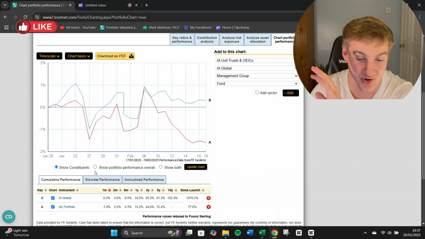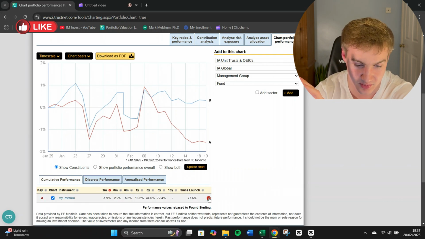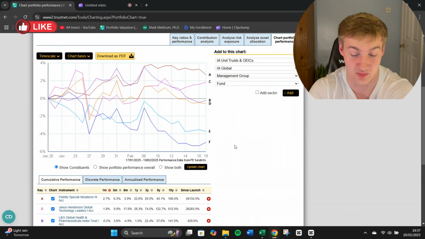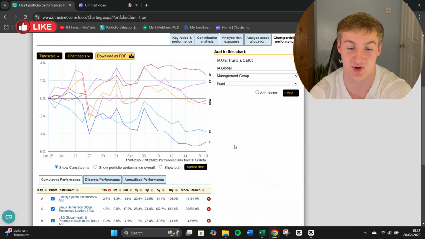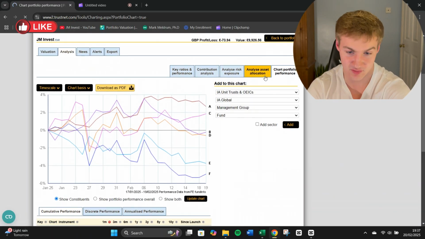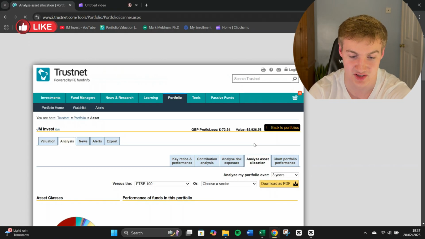Anyway, the point of me showing you this is I can break down the portfolio by its constituent parts. I can show you exactly what's gone on with each of the funds, and talk you through it as and when markets change and things happen. If we come on to analyze asset allocation, we can also see a breakdown by, as the name suggests, asset allocation.